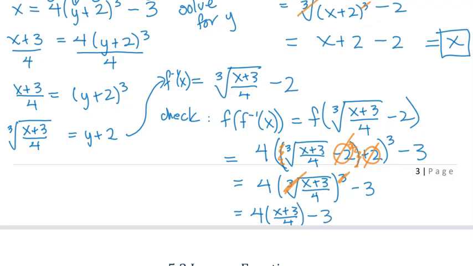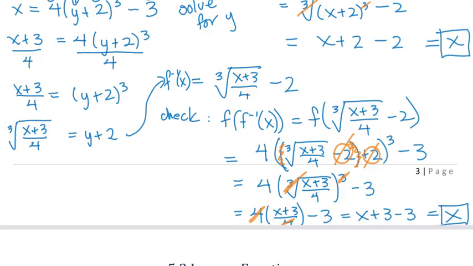Now the multiply by 4 and divide by 4 are happening back to back in order of operations, so those will cancel. I'm left with x + 3 - 3, which is just x. So again, I end up with my identity function y equals x. That means that these are in fact inverse functions.